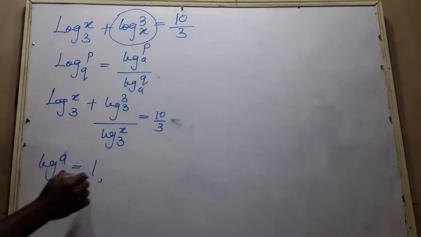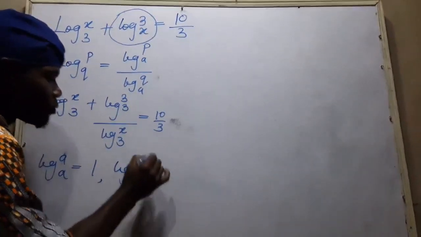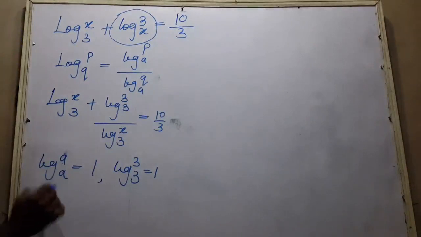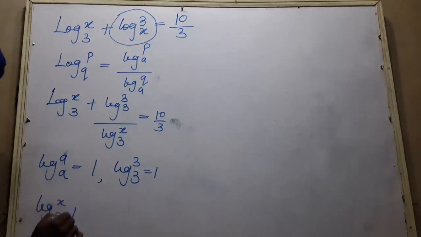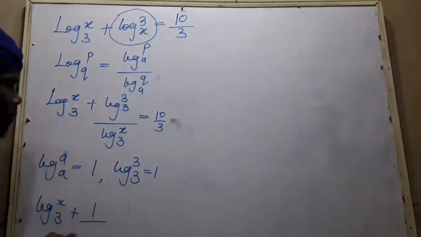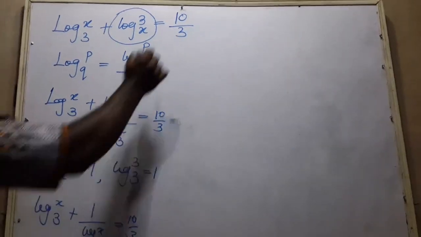So log 3 base 3 must be equal to 1. Let's rewrite this equation: log x base 3 plus 1 over log x base 3 is equal to 10 over 3.